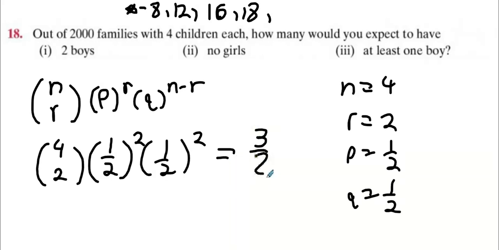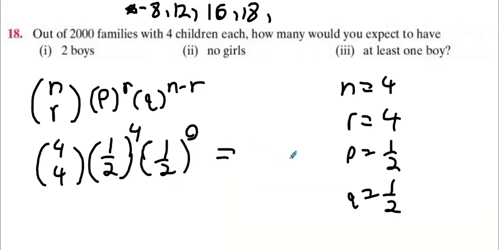Next one, so on the second question, I'm going to rub out what we did here. The n value is still 4, and because we're having all boys, the r value is 4. It's going to be 4 choose 4, a half to the power of 4, a half to the power of 0.